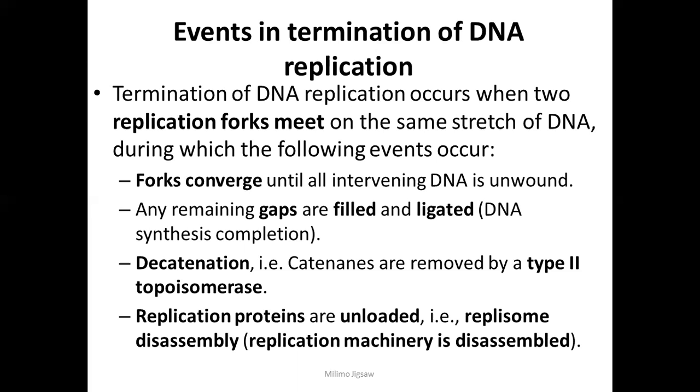Then remember, we have the replication proteins. Those have to be disassembled or unloaded. The helicases and single-stranded binding proteins have to be unloaded. Those are the replication proteins. The DNA polymerase also has to be unloaded.